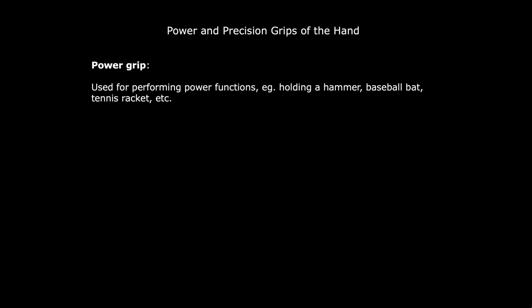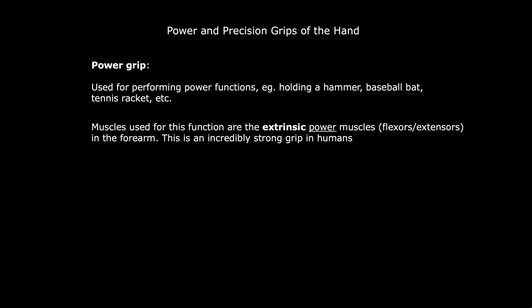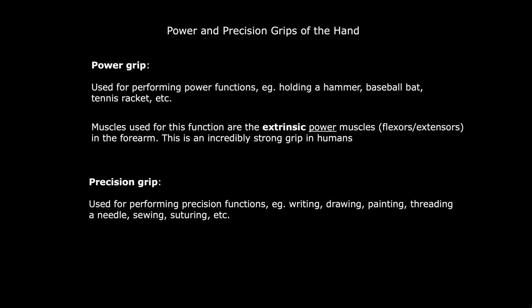Now, the power grip: we all know its primary function is to hold, whether you want to hold your bat, your racket, or any other thing in your life. For power, primarily my extrinsic muscles come into play, and for precision we use other muscles. What are the precision activities?